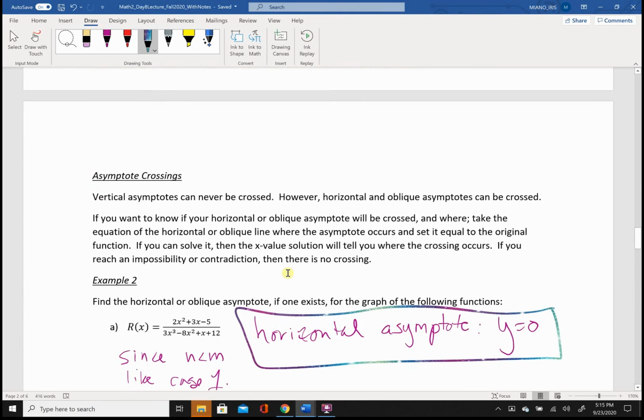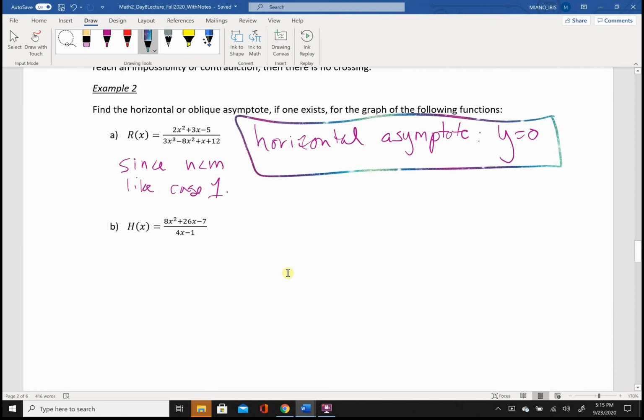So here we know, since, let's go back and be consistent here. We'll say since n equals m plus 1, we are going to recognize that it's like case 3 and say we have an oblique asymptote.